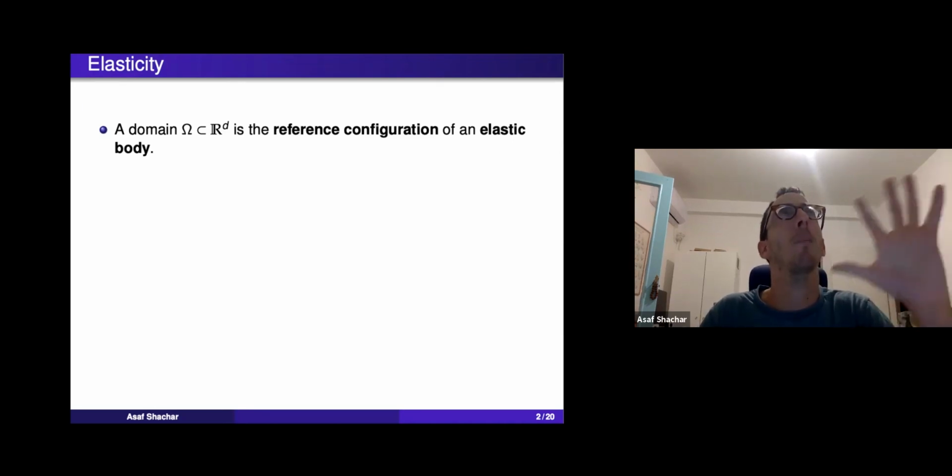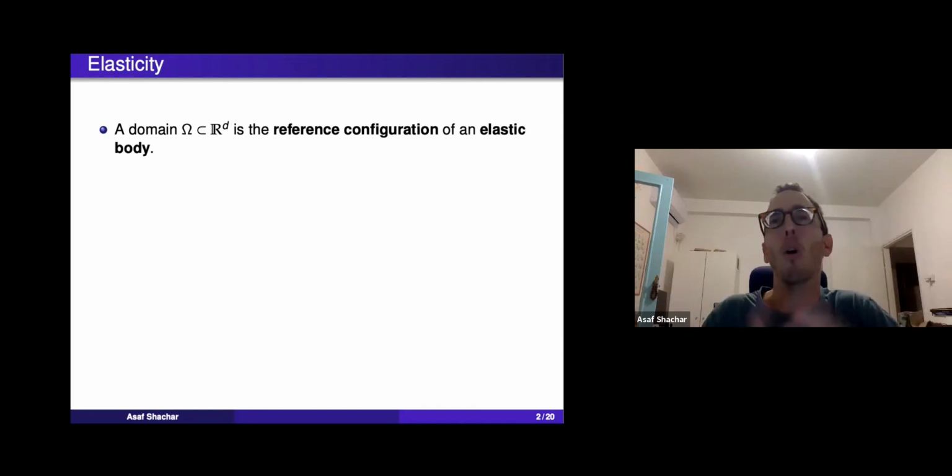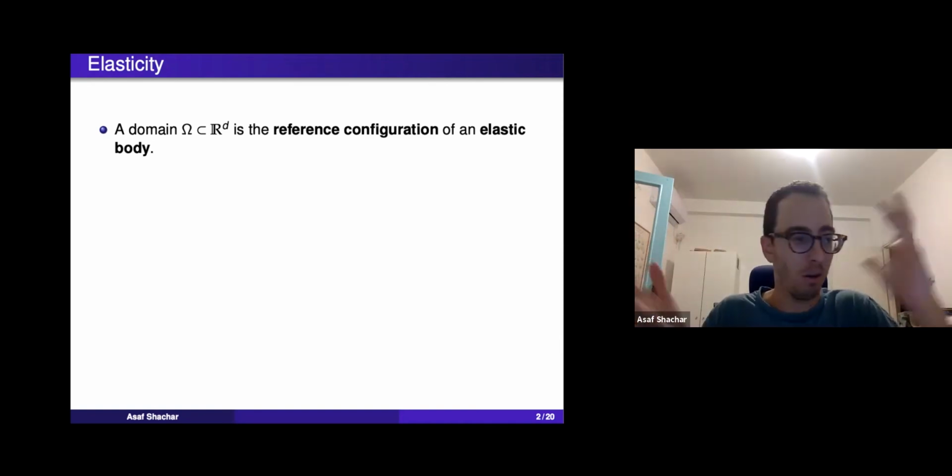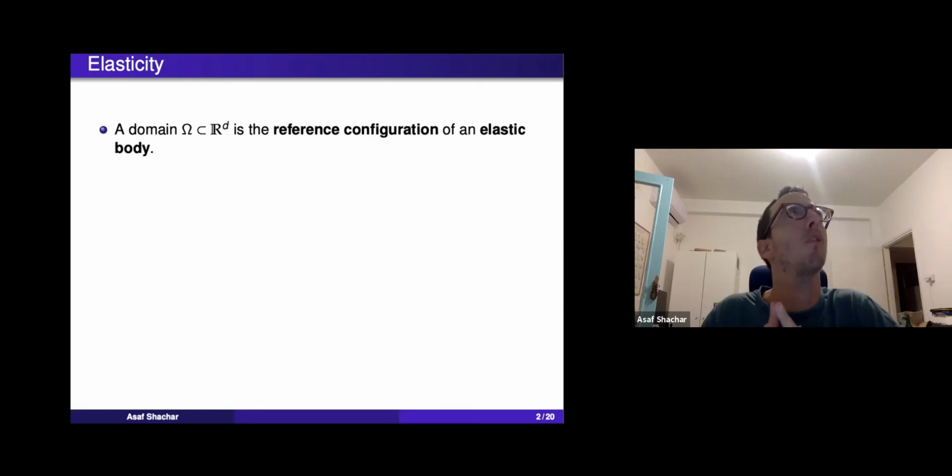When I'm talking about a domain, I mean, let's say, a 3-dimensional compact manifold, a 3-dimensional open subset of R^3 with a boundary of certain regularity. So this is what you need to imagine.